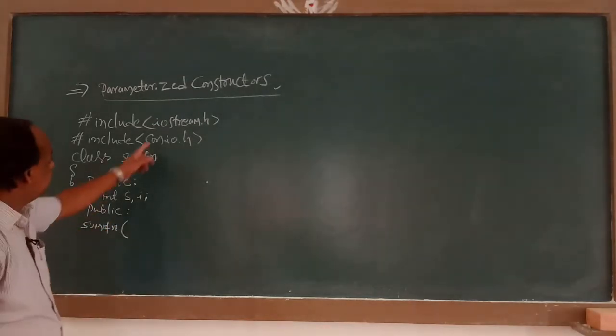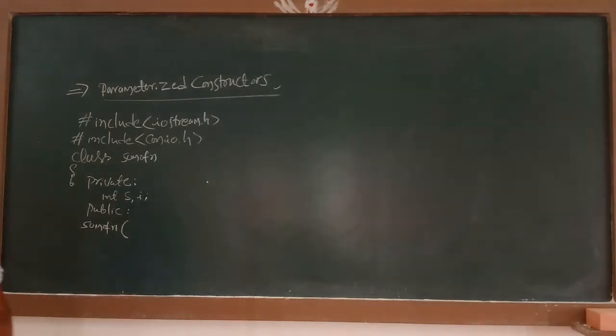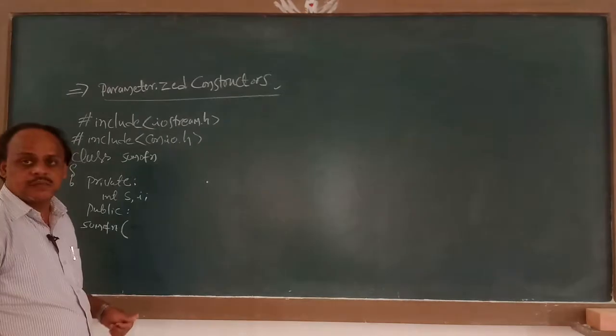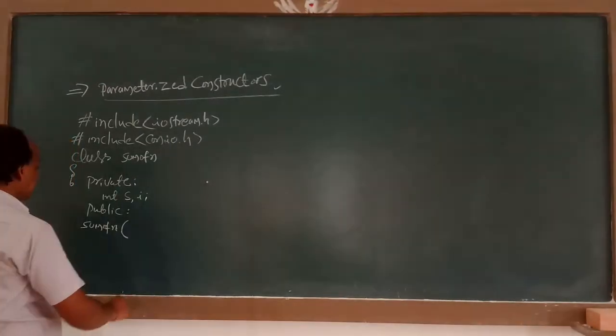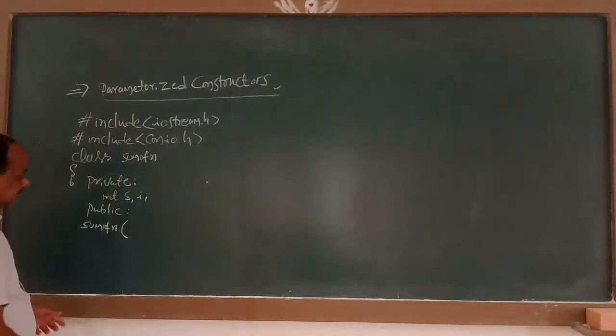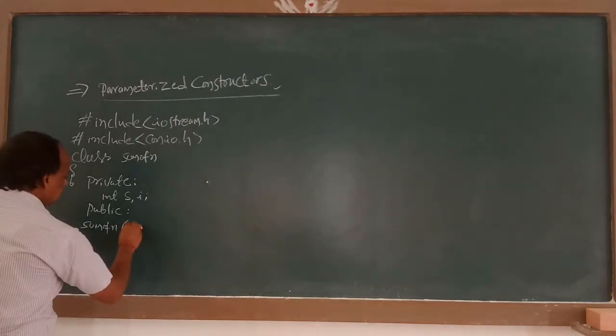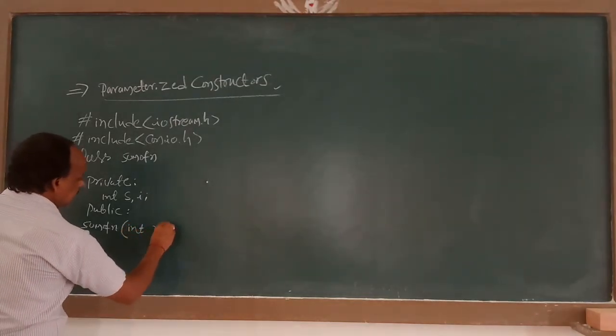See here, parameterized constructor means that it must contain what? It must contain some argument, right? So I am taking one variable, int n. So this is what?